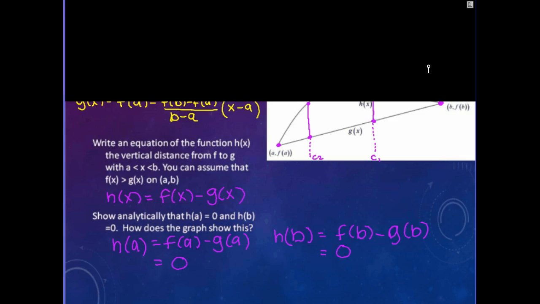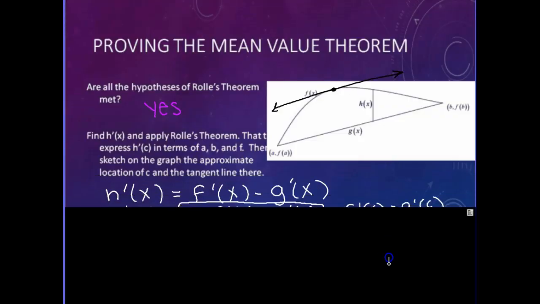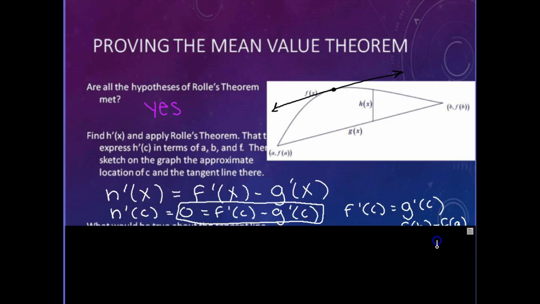Yes. So we can apply Rolle's theorem to h. So h prime of c would equal 0 for some value, right? Because for some value, f prime of c minus g prime of c would equal 0. Because the derivatives would have to be equal.